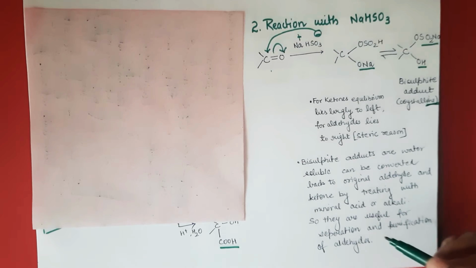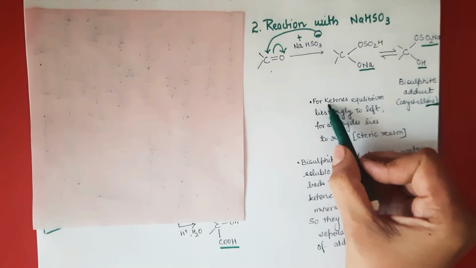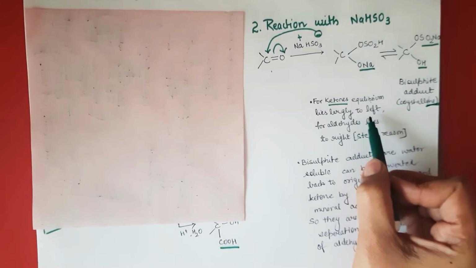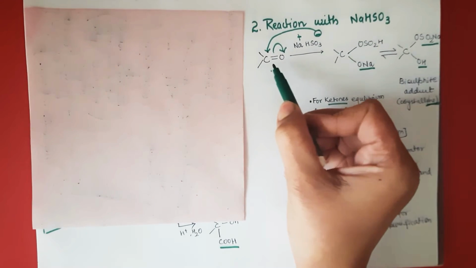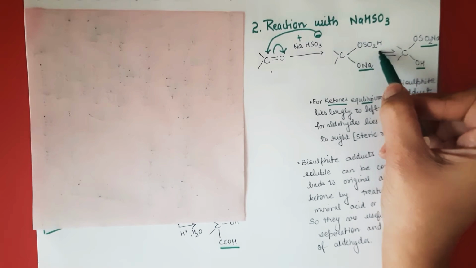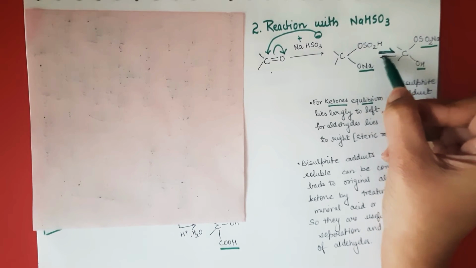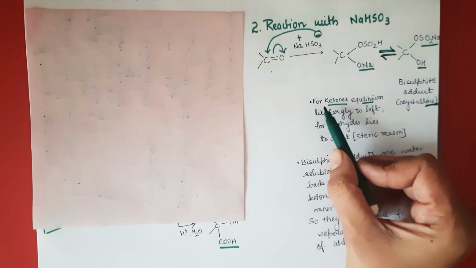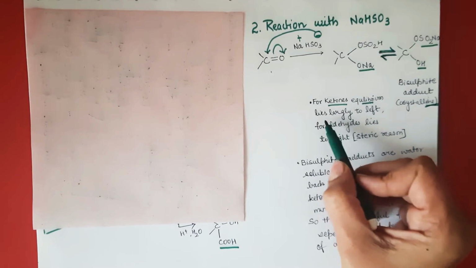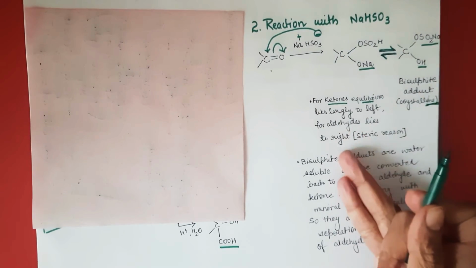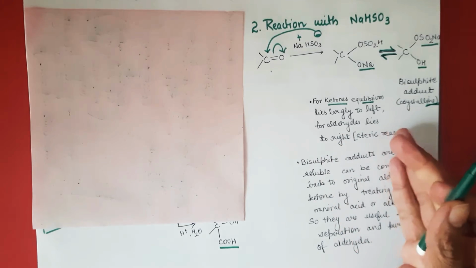Here a key point again to remember is that for ketones, equilibrium lies largely to the left. If this carbonyl carbon is of a ketone, the equilibrium, here you can see the sign of equilibrium, lies largely to the left hand side, and for aldehyde it lies to the right hand side.